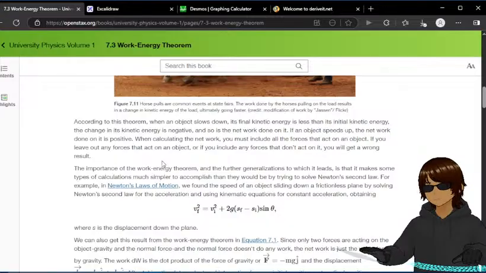The importance of the work energy theorem and the further generalization to which it leads is that it makes some types of calculations much simpler to accomplish than they would be by trying to solve Newton's second law.